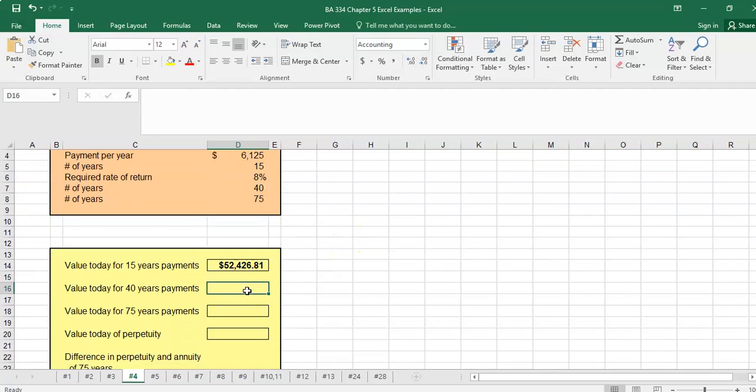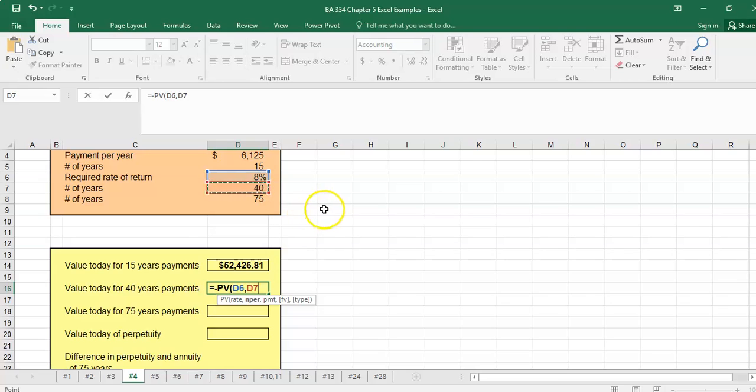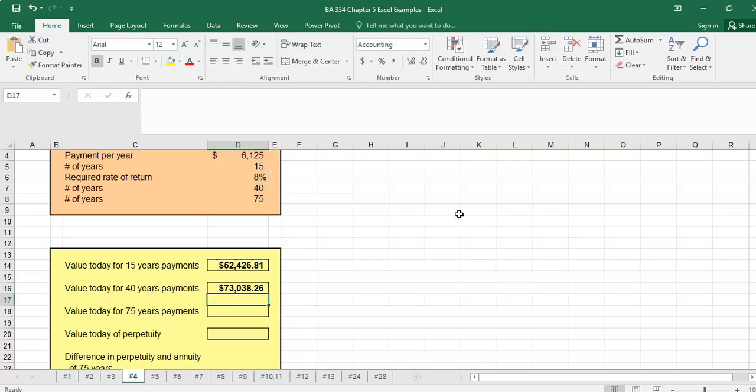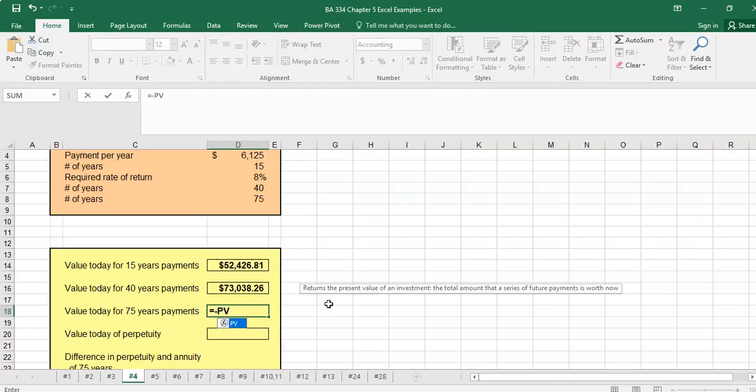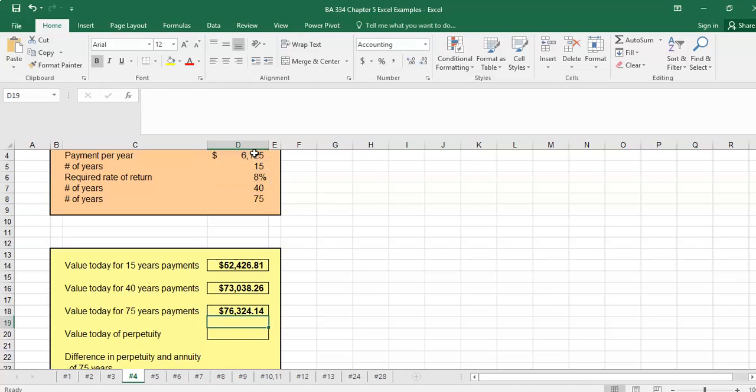In the second equation, we're doing the same numbers for the rate and the payment, but we're going to increase that for 40 years. And then for 75 years, and then in perpetuity.